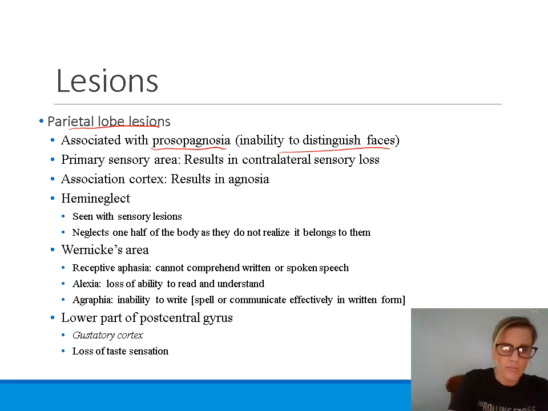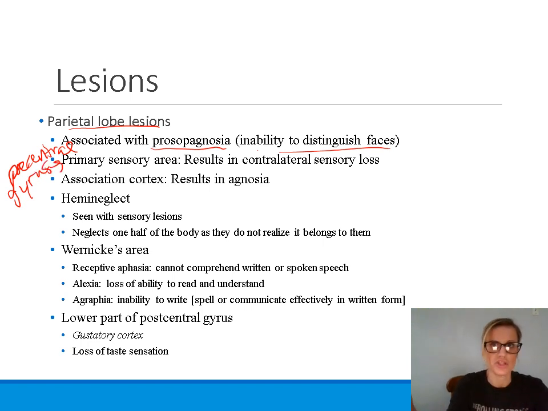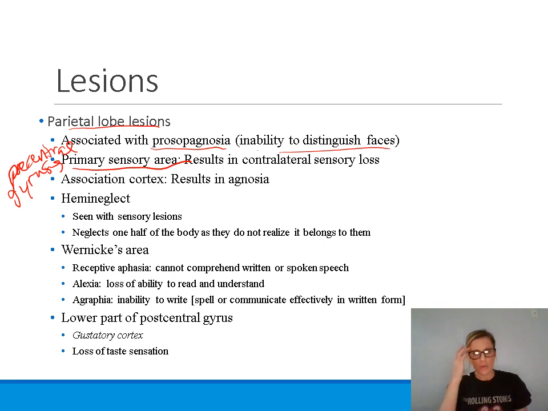Remember that at the very beginning of the parietal lobe, in the precentral gyrus, we have the primary sensory area or primary somatosensory area. And this is where we receive signals about touch, right?